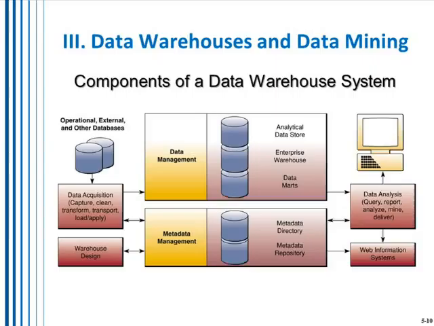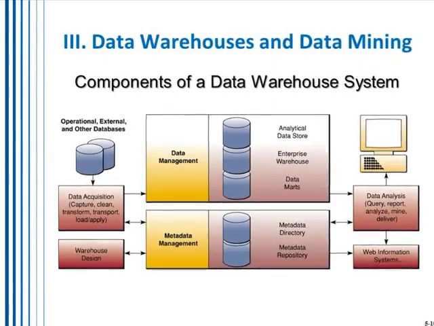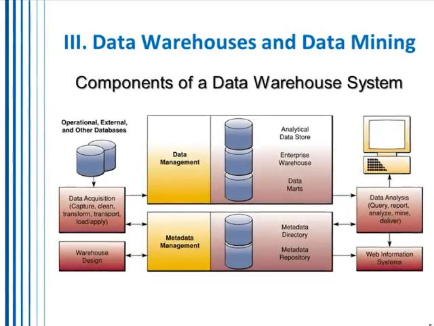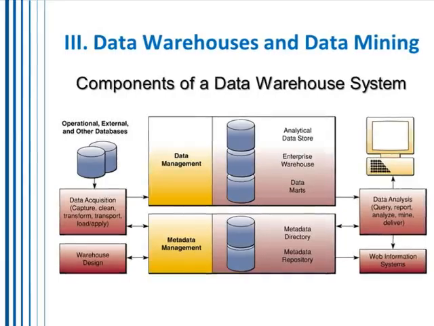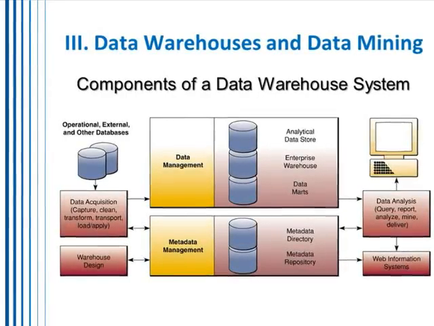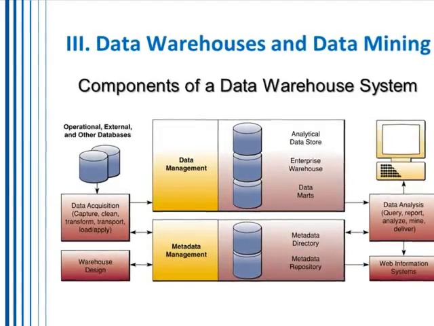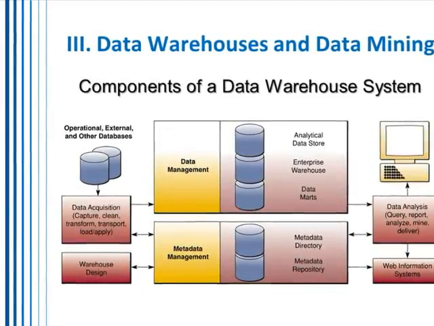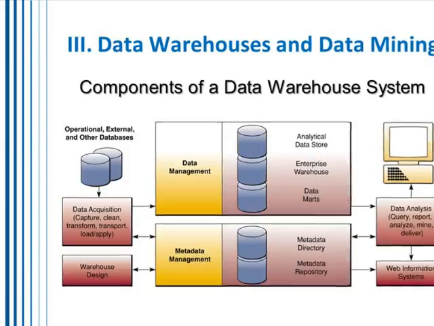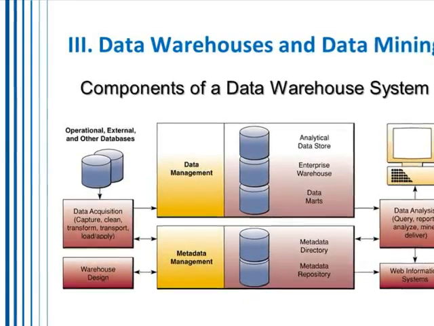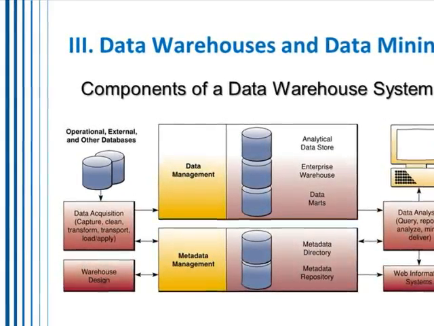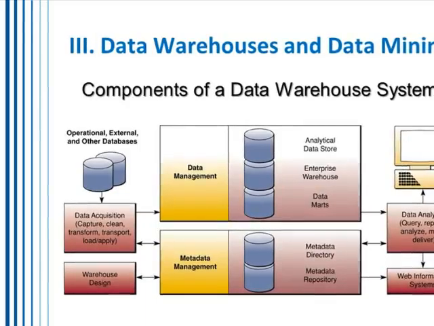This diagram shows the components of a data warehouse system. On the left-hand side, we have the operational or external databases that are feeding information in through data acquisition to capture, clean, transform, transport, load, and apply data into the data management system on the top of the middle bar.